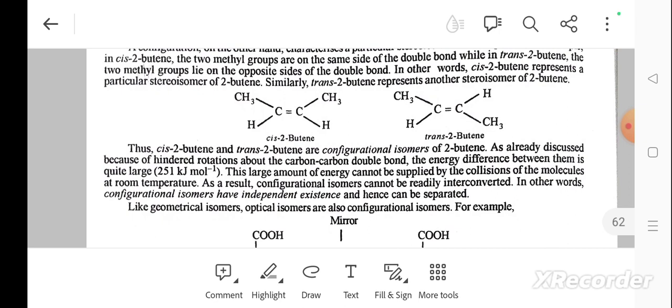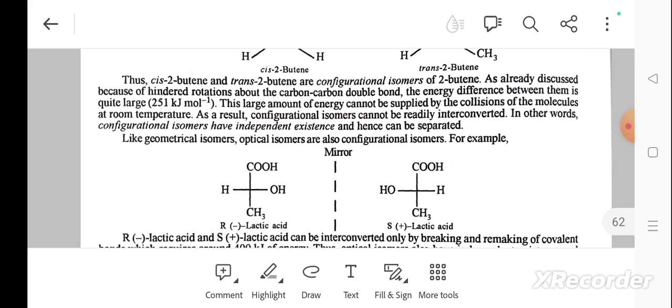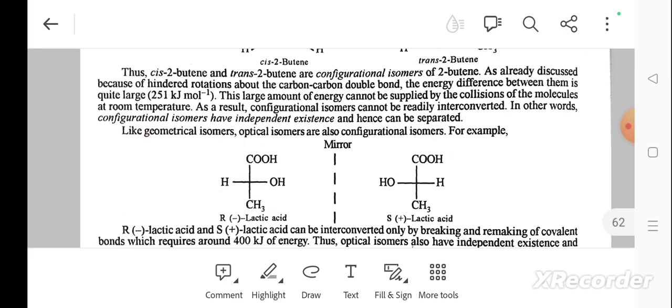As already discussed, because of hindered rotation about the carbon-carbon double bond, the energy difference between them is quite large, and thus the large amount of energy cannot be supplied by the collision of molecules at room temperature. As a result, the configurational isomers are not readily interconvertible. In other words, configurational isomers have independent existence and hence can be separated.